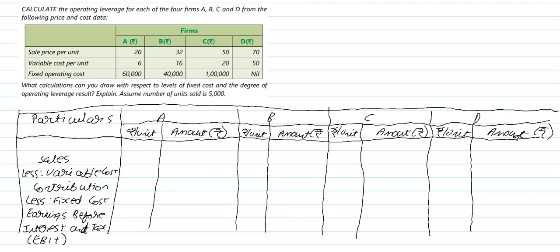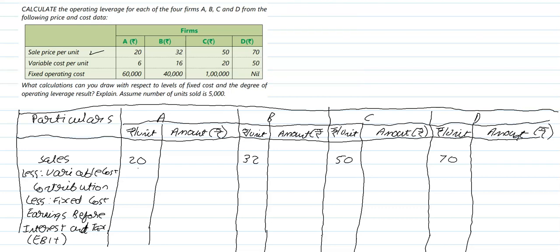Now, going forward, let's see, we'll go line by line. So selling price per unit is 20, 32, 50, 70.